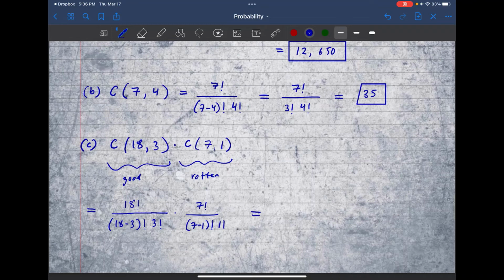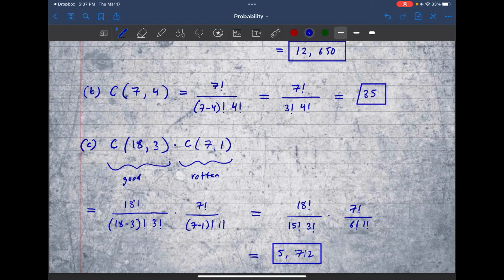This would simplify to 18 factorial over 18 minus 3, that's 15 factorial, and 3 factorial, times 7 factorial over 7 minus 1, that's 6 factorial, and 1 factorial. If you put this in your calculator, you'll get about 5,712. So there are this many ways to do this.